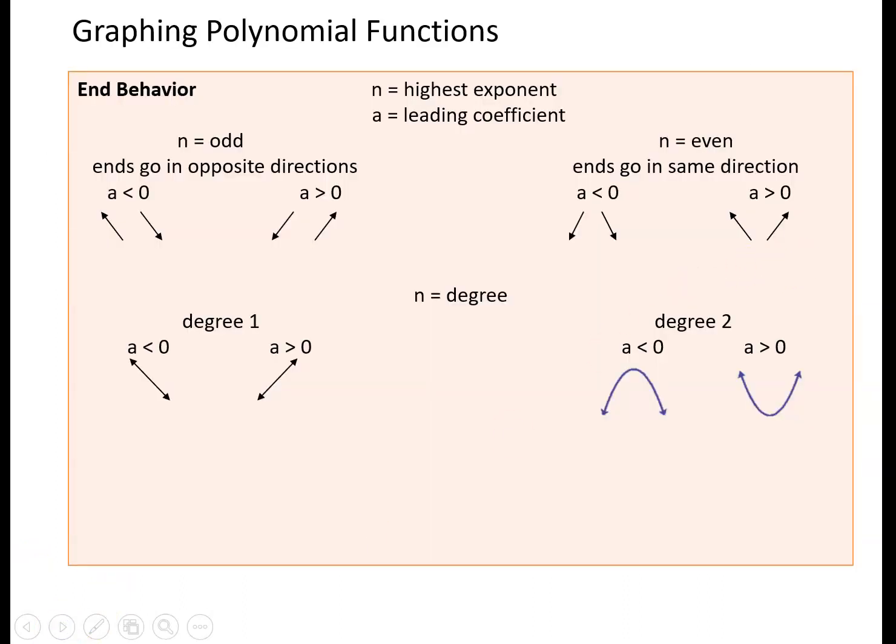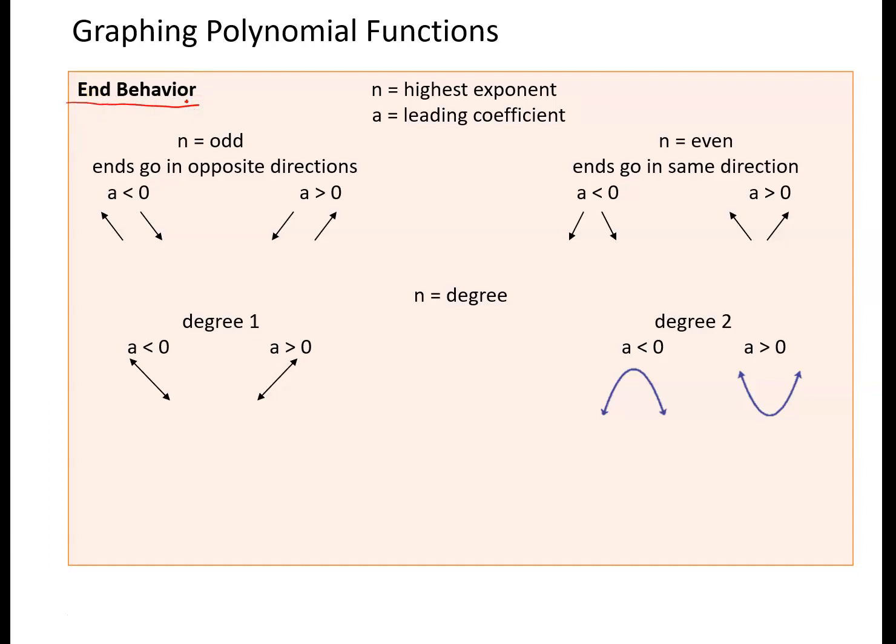Okay, so because we do not know the shapes of these functions, we know they're smooth and continuous, but we don't know their exact shapes, then we're going to figure out some things about the graph that will help us to be able to draw these. And one of the things that we can determine is the end behavior.